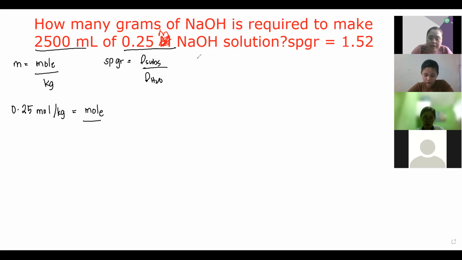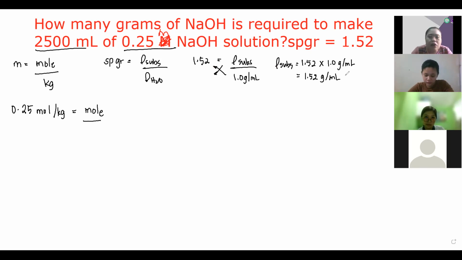So yung SPGR natin dito, 1.52, hahanapin natin yung sa substance, yung density of water is 1 gram per ml. So you have to do cross multiplication. The density of the substance is 1.52 times 1.0 grams per ml. So this is still 1.52 class. Magkakaroon lang siya ng unit, which is grams per ml.